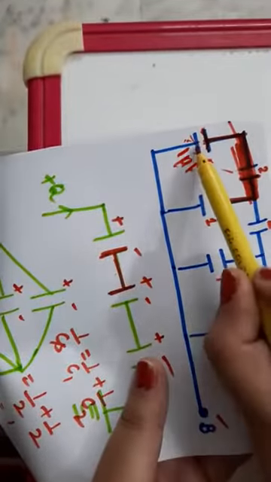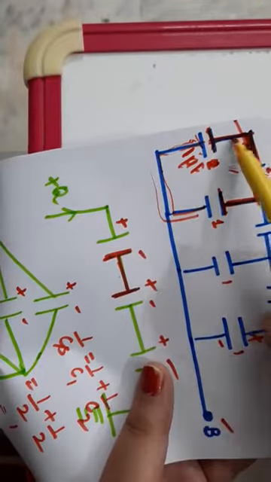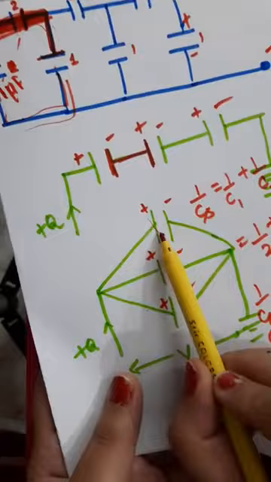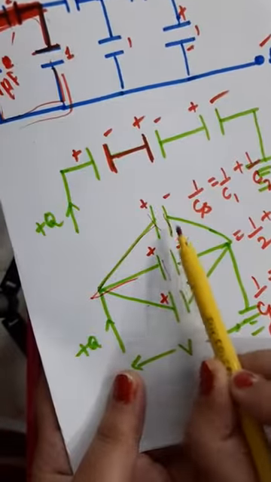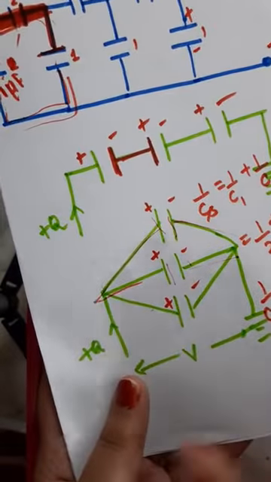From here you can view it. The left plates of both the capacitors are connected together and the right plates of both the capacitors are connected together. I repeat, the left plates of both the capacitors are connected together, the right plates are connected together. So this is a parallel combination.